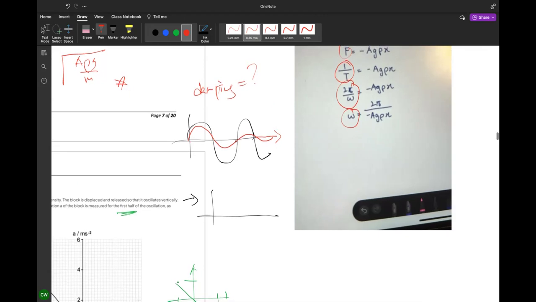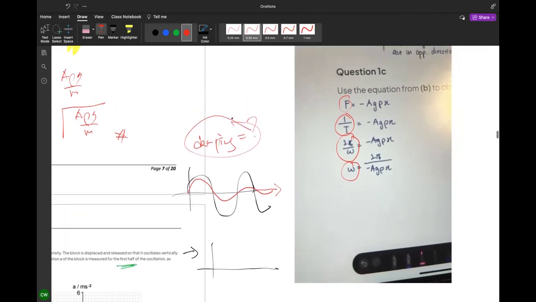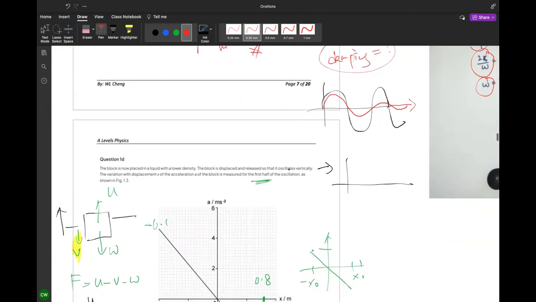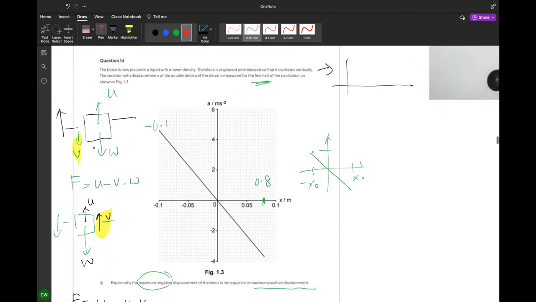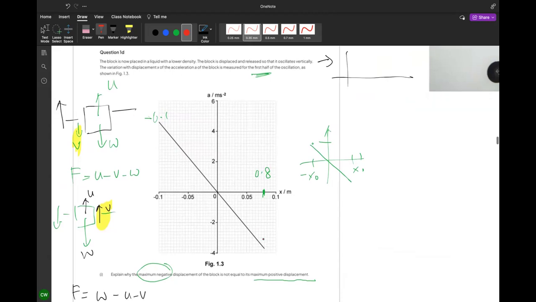Okay, so this is a light damping. So light damping, there is a loss of energy in the oscillation system. So we can see that energy decreases.